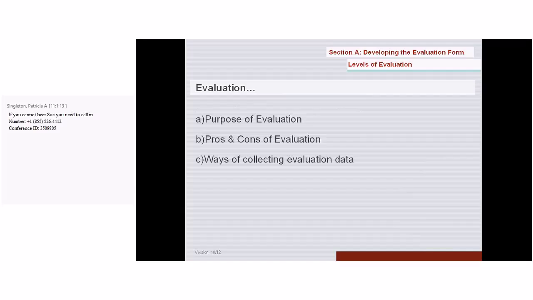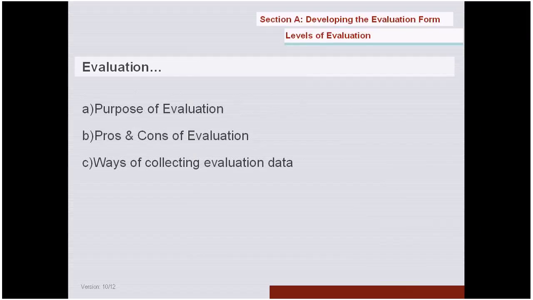You reviewed some of the pros and cons of conducting evaluation. And you posted 3 or 4 ways to collect evaluation data that either you have used in your recent training sessions or that you have experienced in workshops that you have attended. Finally, during our recent face-to-face training, you discussed the many pros and cons around evaluation when you participated in the great debate. Does that ring a bell with all of you?